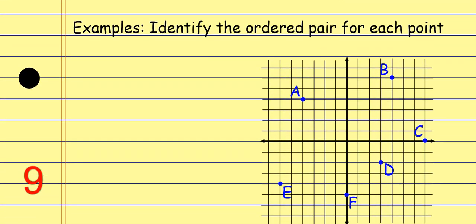For example, if we look at something like this guy, it just says to identify each ordered pair. And so I'm just going to go in alphabetical order here with A. And so we just have to look at this and say, okay, always start from the origin, always start from the center right here, which is 0, 0. And think about how you would have to count left and right or up and down to get to A. It looks like we would have to count back 1, 2, 3, 4 units.